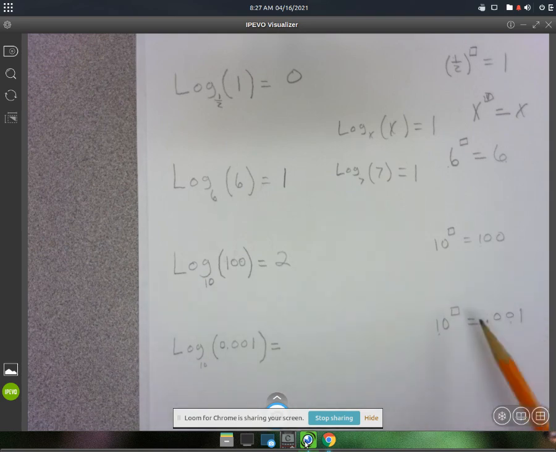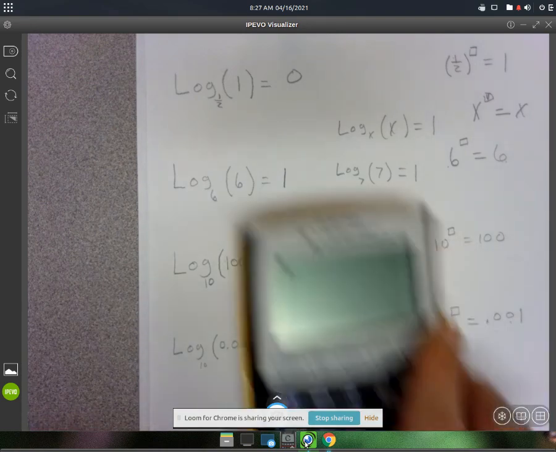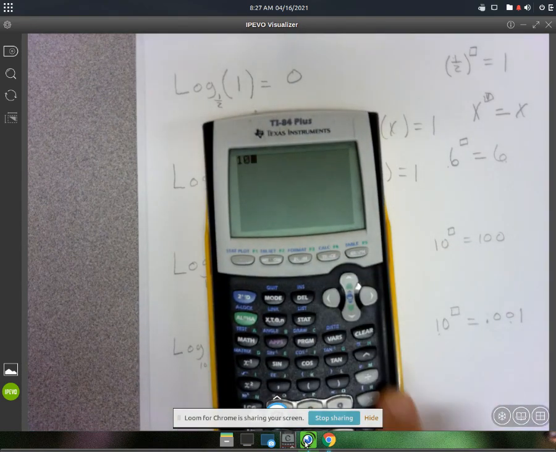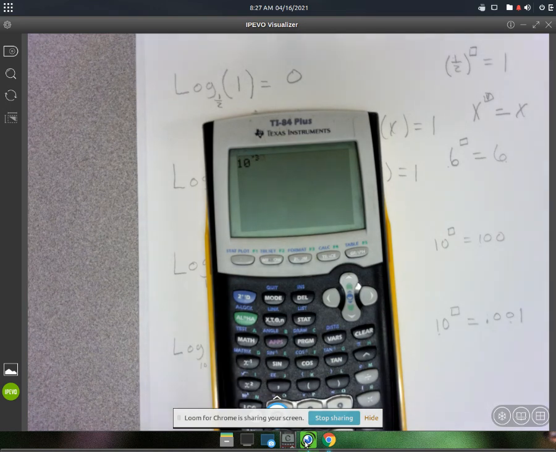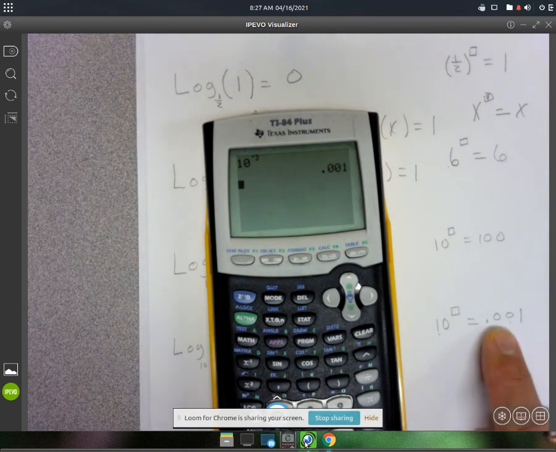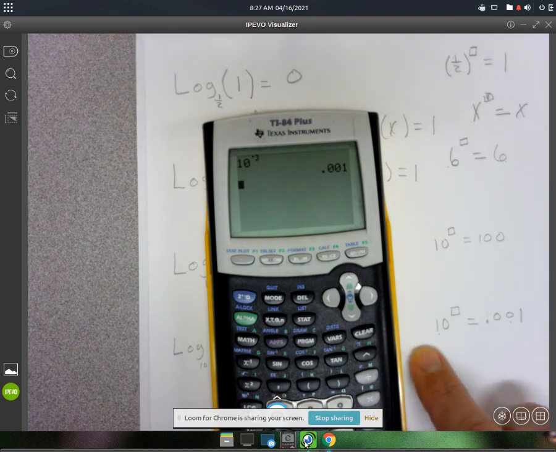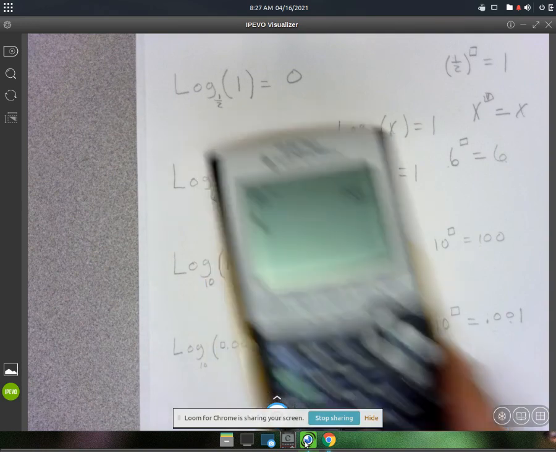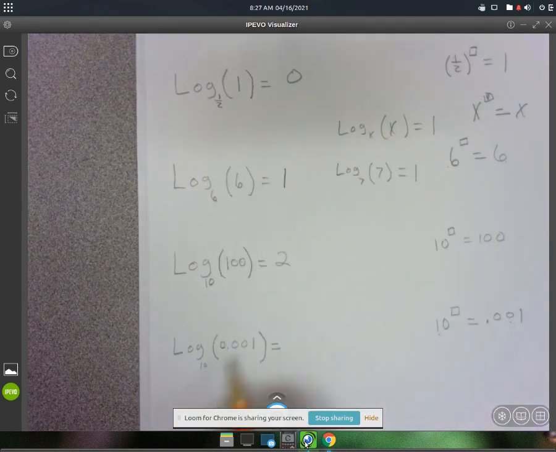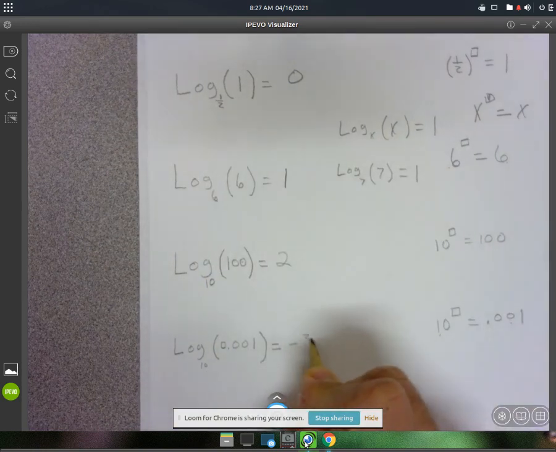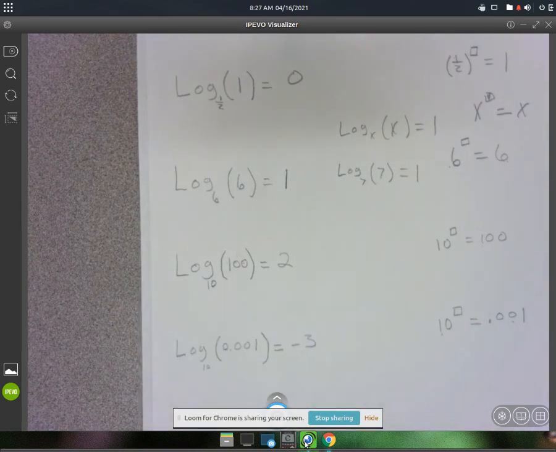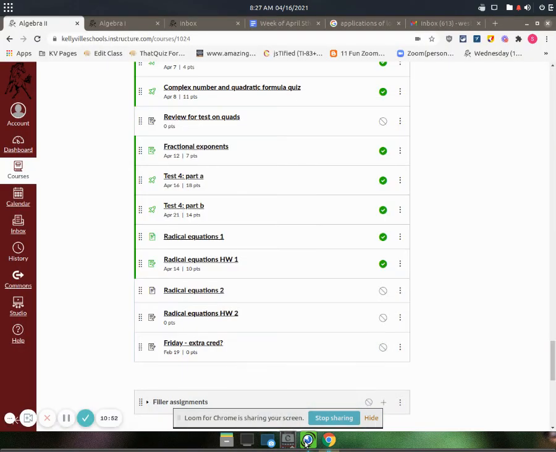What negatives do is, instead of multiplying by 10 over and over, you're dividing by 10 over and over. I believe here it's going to be a negative 3. If I do 10 to the negative third power, yep, that gives me 0.001. It's like I'm moving the decimal to the left 3 times. So log base 10 of this answer is negative 3. Okay, and I think that might be all we need for this one.